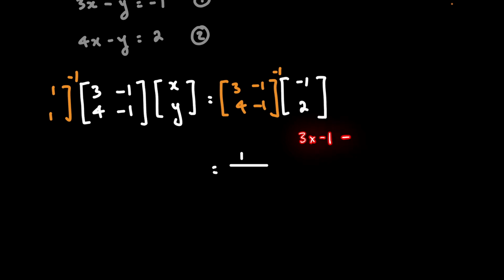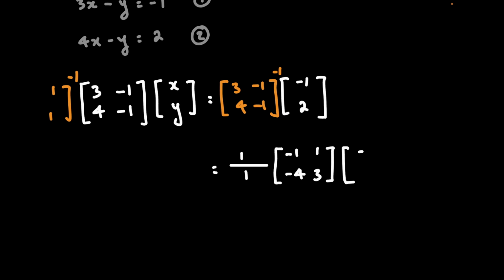So 3 times -1 minus 4 times -1 gives us -3 plus 4, which is just 1. So 1 over 1 times the matrix: you swap the values of A and D, so -1, 3, and then you change the sign of each of B and C, so 1, -4. And then we multiply this by -1, 2.